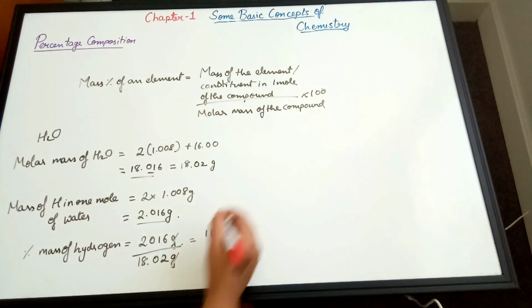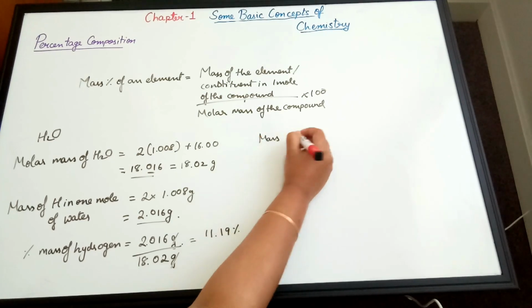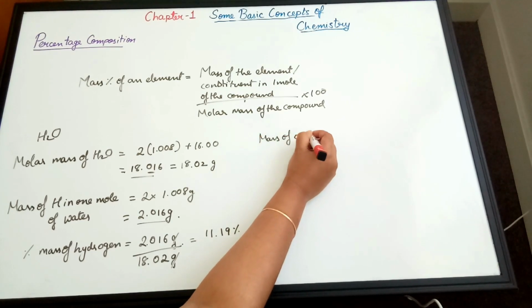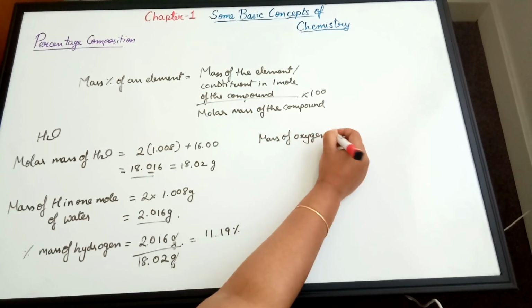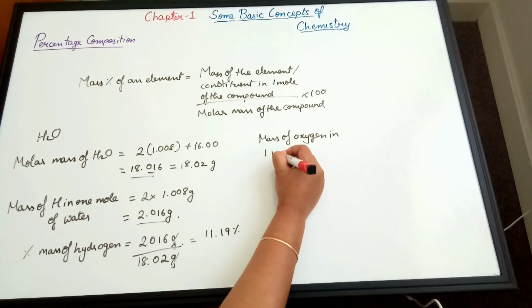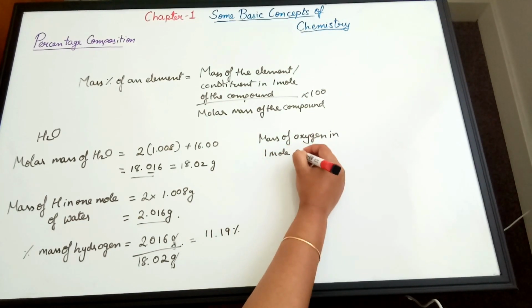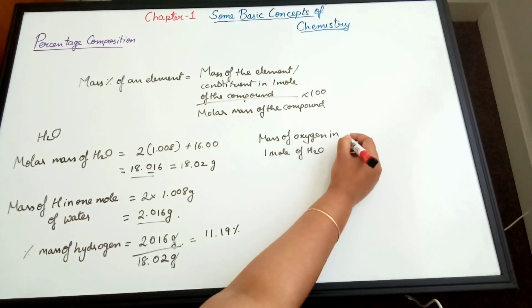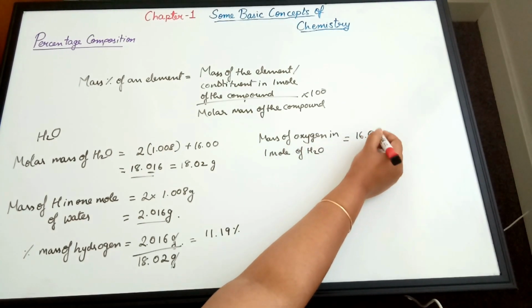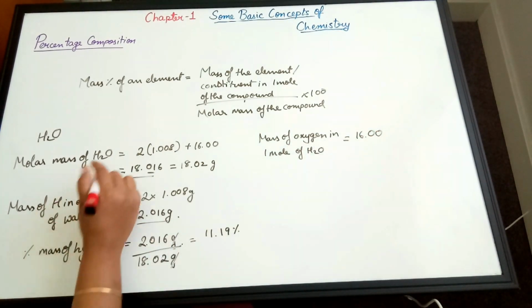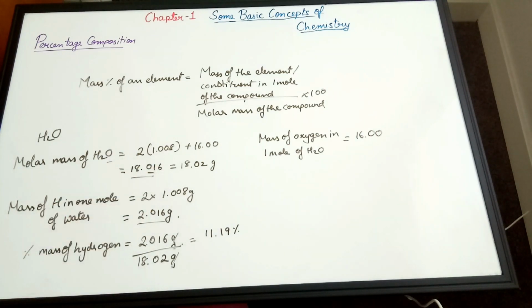Similarly, the mass of oxygen in 1 mole of water would be equal to 16.00 because you have only one atom of oxygen in water.